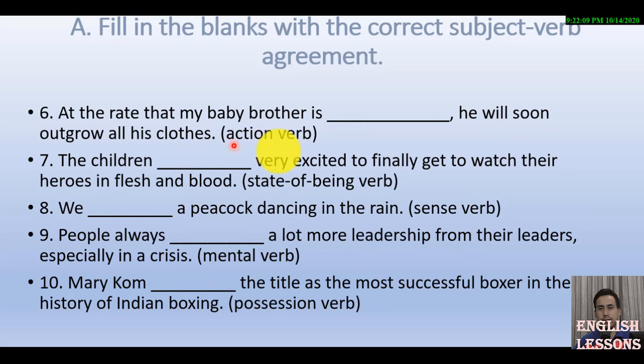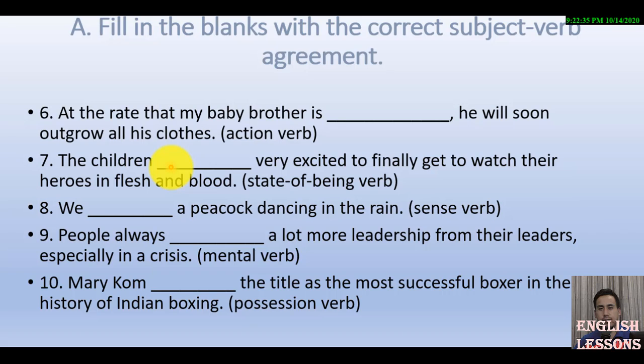At the rate that my brother is dash, he will outgrow all his clothes. Action verb. The most appropriate verb under action verb, you can just go with growing. At the rate that my brother is growing, he will soon outgrow all his clothes.